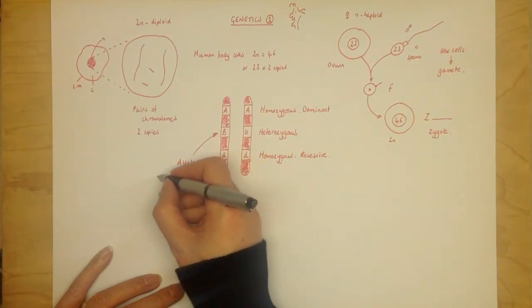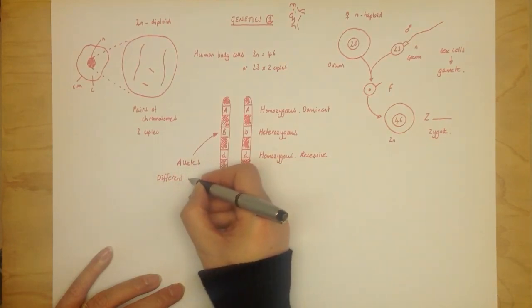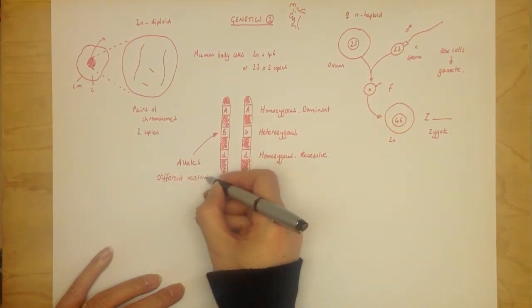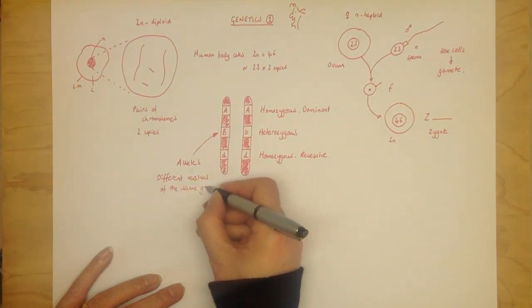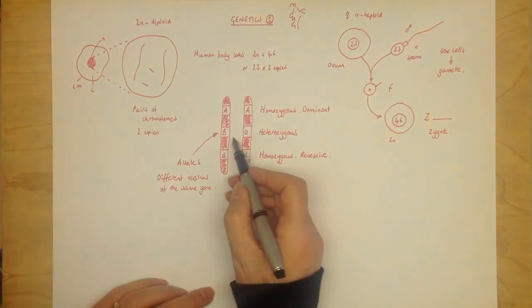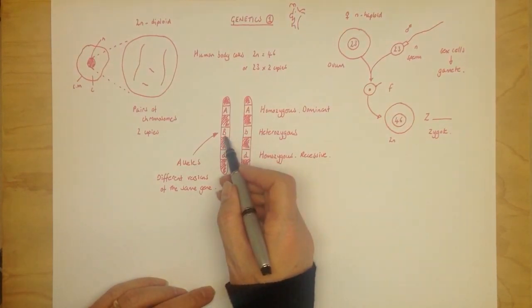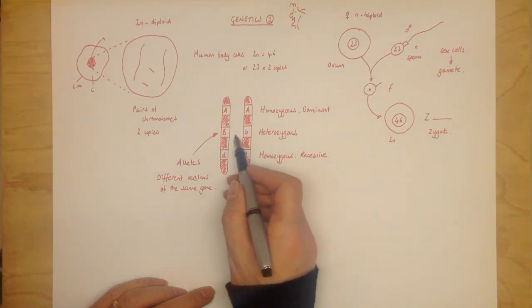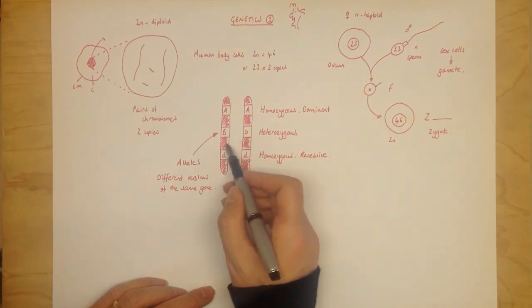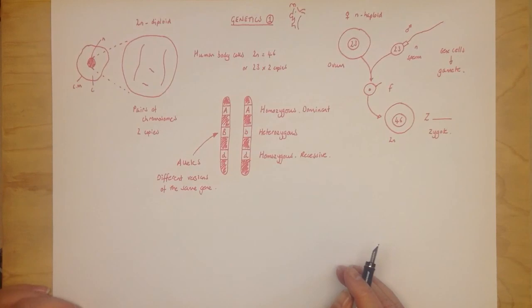An allele is a different version of the same gene. So it could be the gene that controls eye colour, and this could mean brown eyes and this could mean blue eyes. They're both the gene that controls eye colour, but they're different versions of the gene. That's the language that you need to understand before we start talking about genetic crosses.